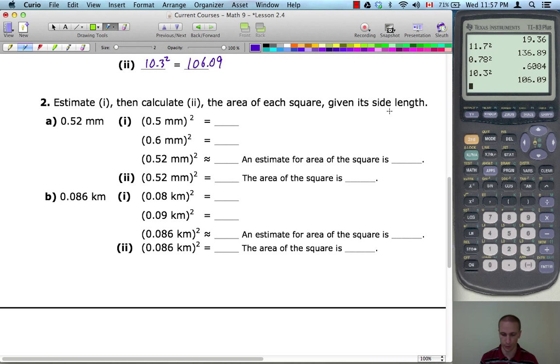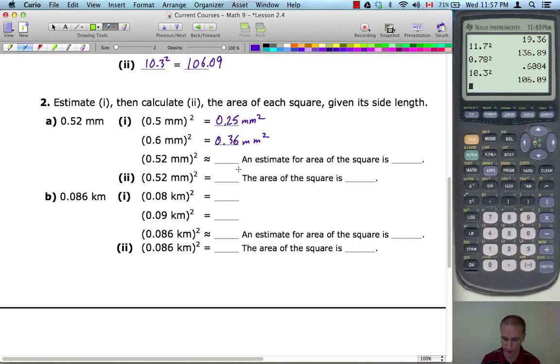So I'm going to start with 0.5 squared is 0.25 millimeters squared. And that 0.6 squared, that's going to give me 0.36 millimeters squared. And so 0.52 millimeters times itself should be closer to the 0.25 than the 0.36.